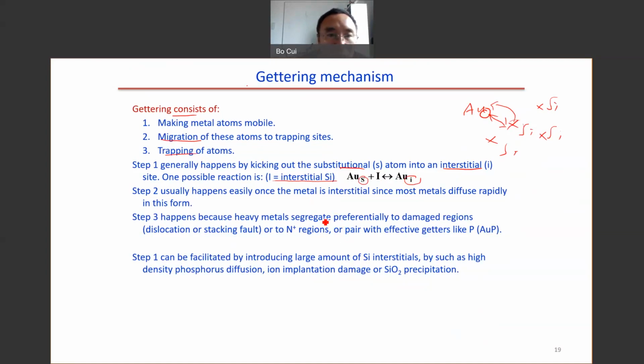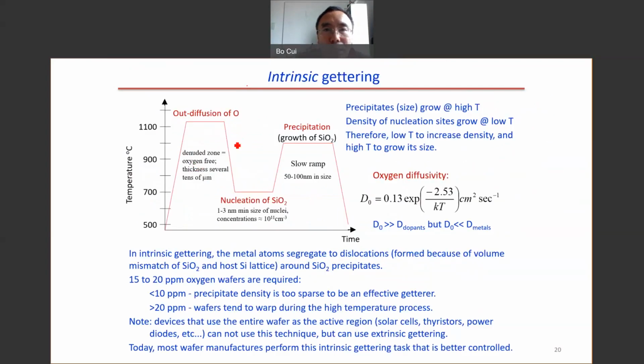So now let's look at how to make the defect. This is done by the intrinsic gettering. How to make the defect? The defect is made around silicon oxide precipitate.